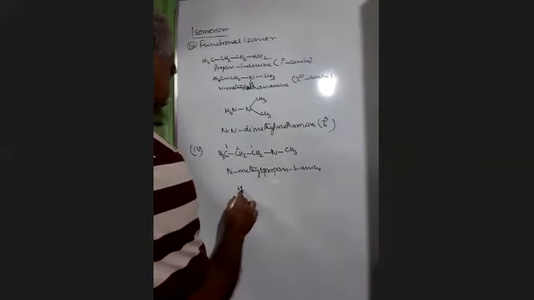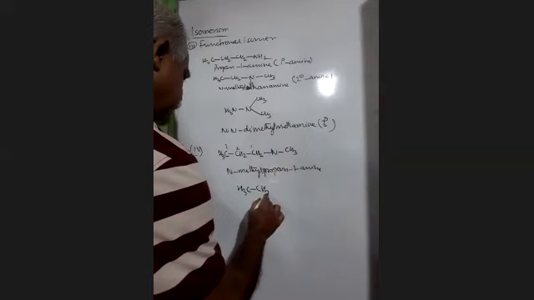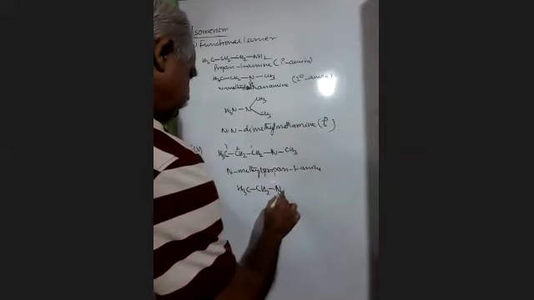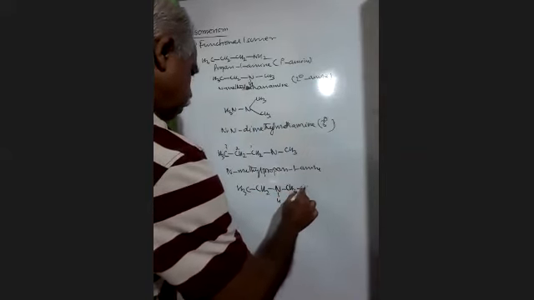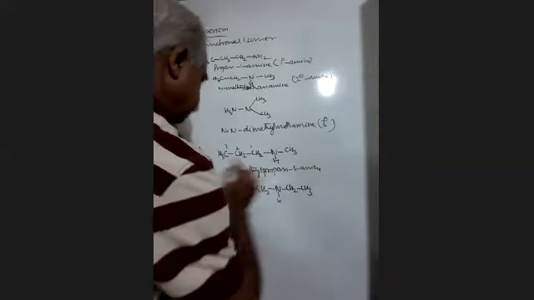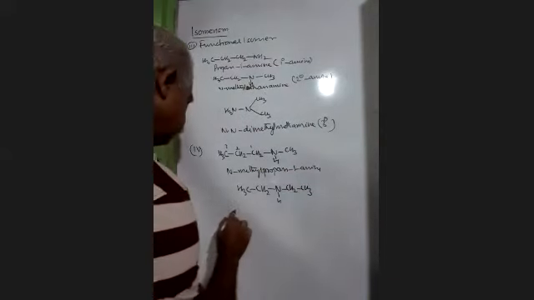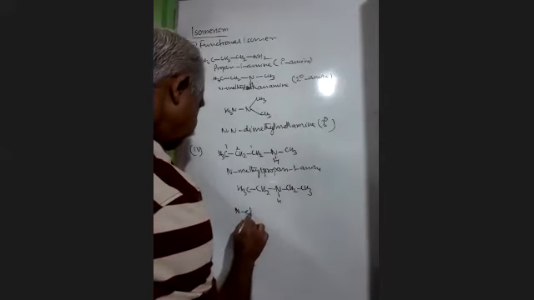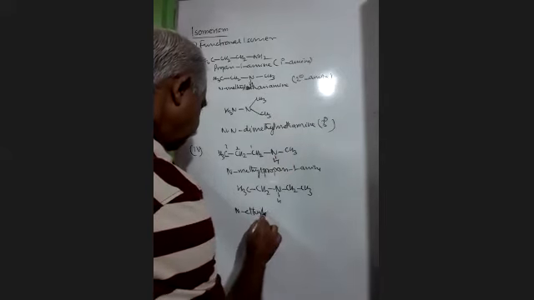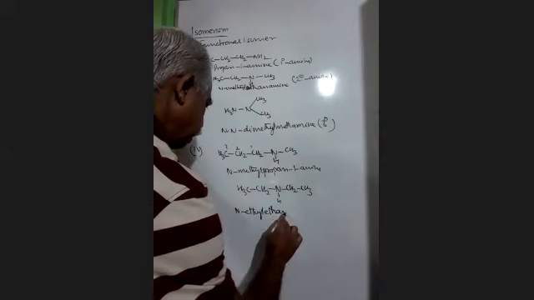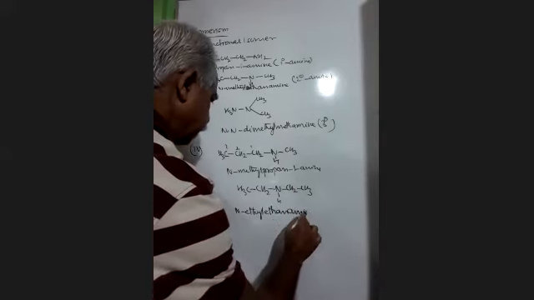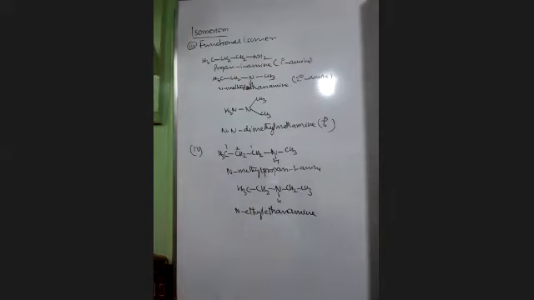What will this be? CH3, CH2, NH, CH2, CH3. So this is N-ethylethanamine. This is an example of metamer.